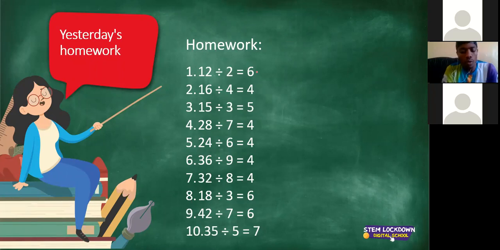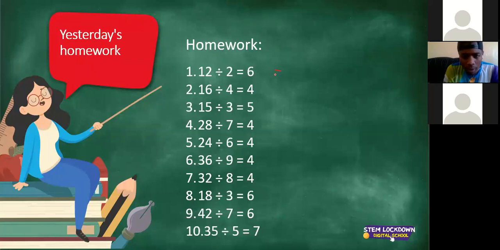If you want to check if your answer is correct in division, I say 12 divided by 2 is equal to 6. Division is basically the opposite of multiplication.